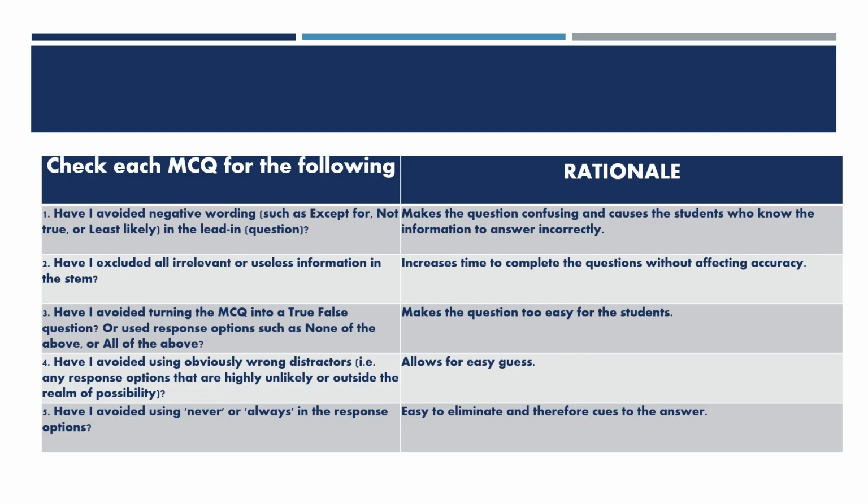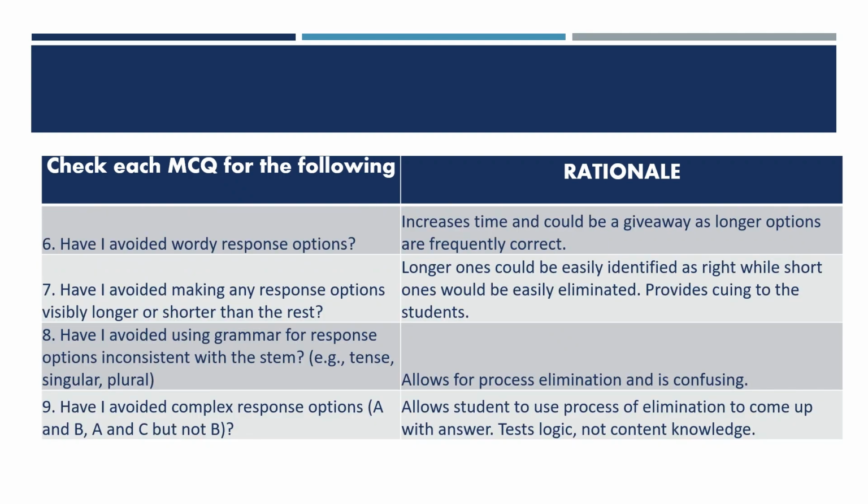Fifth, ask yourself whether you avoided using never or always in the options, because it's easy to eliminate and therefore gives cues to the correct answer. Sixth, have I avoided using wordy or lengthy response options, because it increases time and could be a giveaway as longer options are frequently correct. Seventh, have I avoided making any response option visibly longer or shorter than the rest, because the longer ones could be easily identified as right while the shorter ones would be easily eliminated, as it tends to provide some sort of cueing to the students.